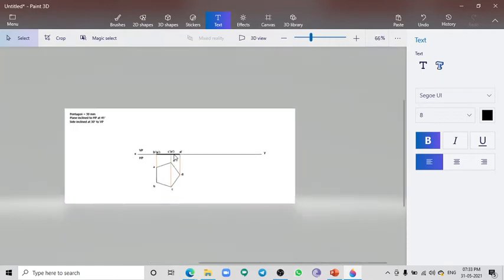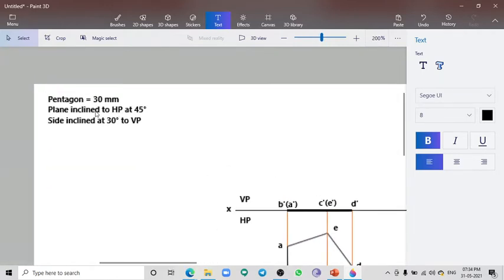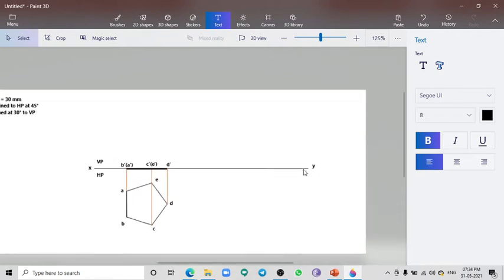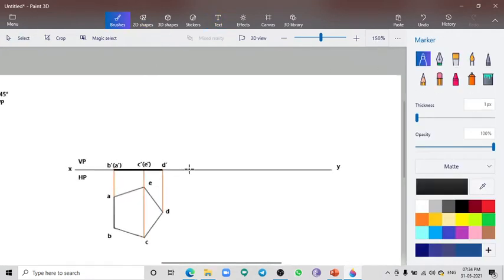Okay, next we have to concentrate on surface inclination. Surface is otherwise called plane inclination, which is 45 degree to HP. Okay, so I'm going to assume a point, and at this point I'm going to draw a 45 degree line.